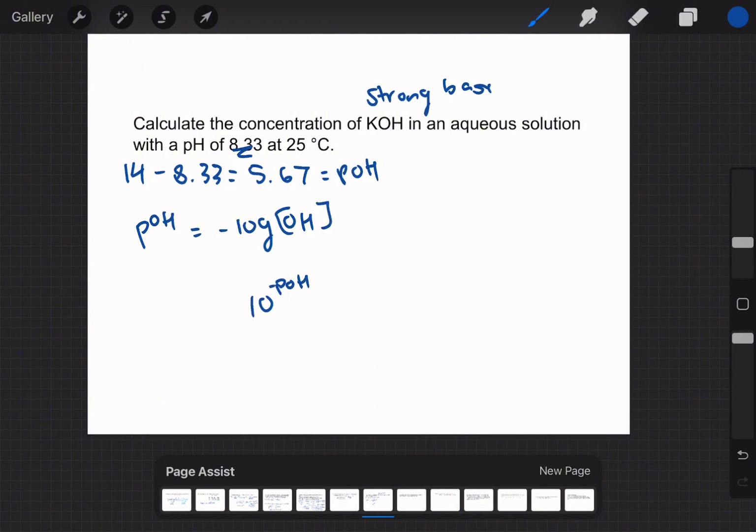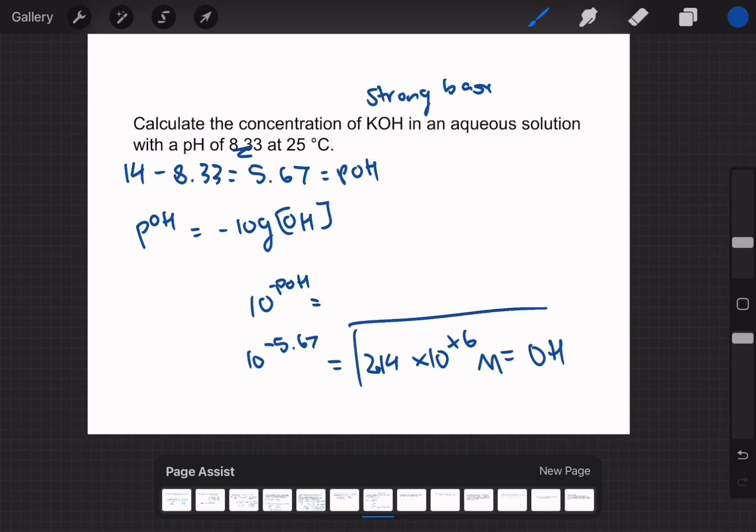So what we're going to do is plug in 10 to the power of negative 5.67. And that basically gives us our answer of 2.14 times 10 to the power of negative 6. And that is OH.